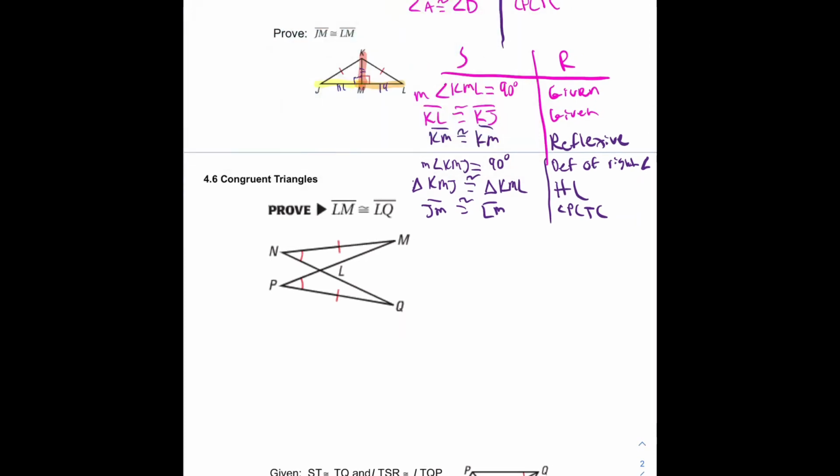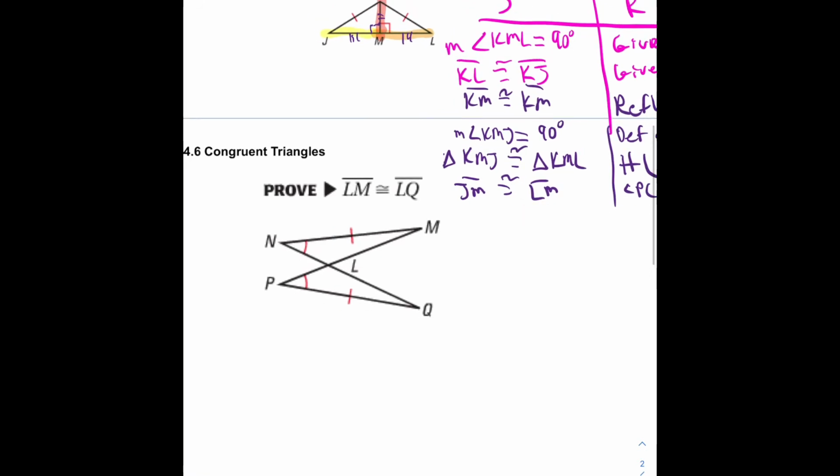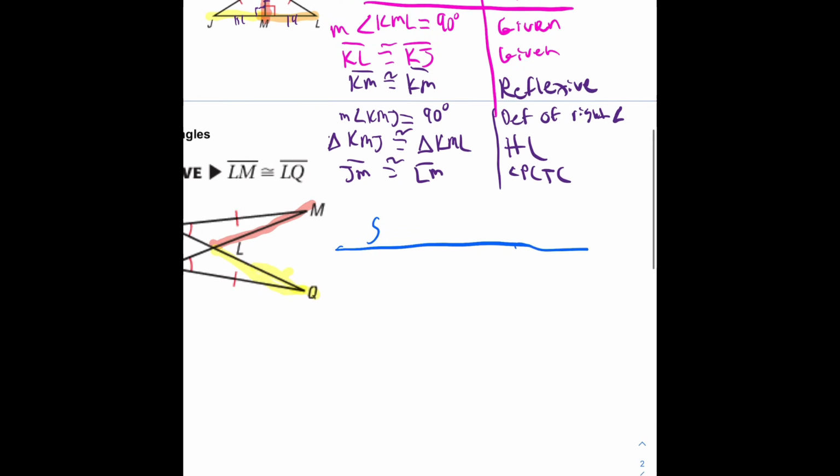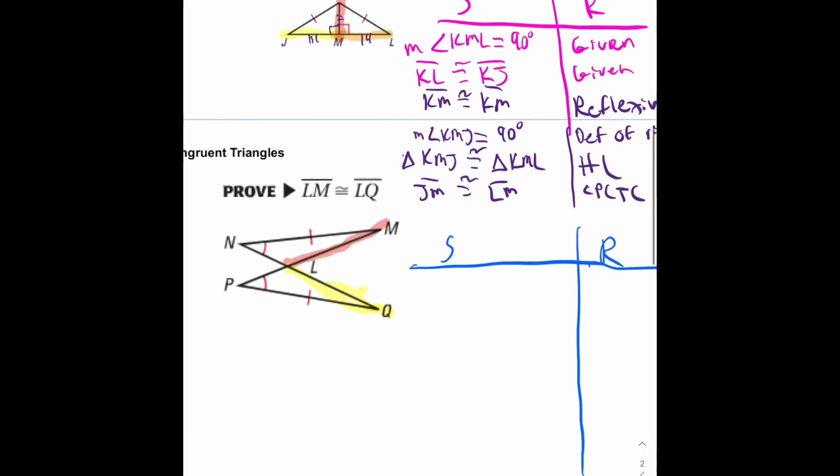Prove LM is congruent to LQ. Okay, so I'm trying to say this section right here is congruent to this section right here. So what we're going to do, we're going to start with what we're given. So I'm going to start by saying side length MN is congruent to side length PQ.